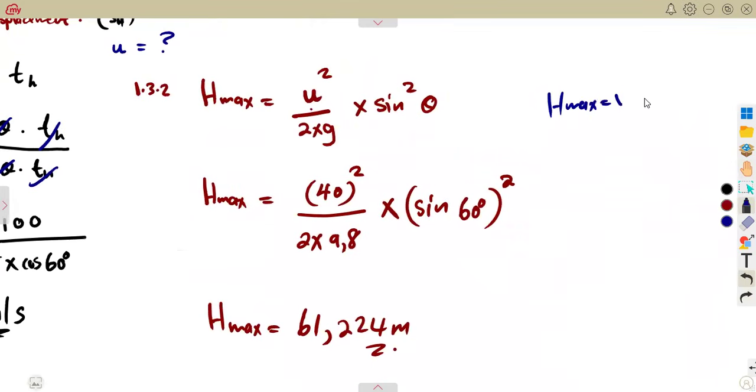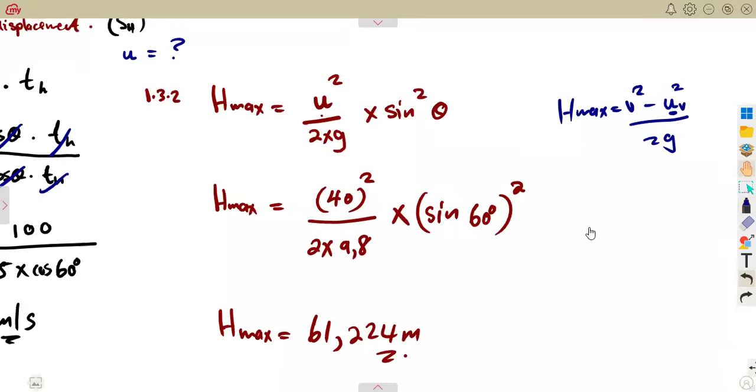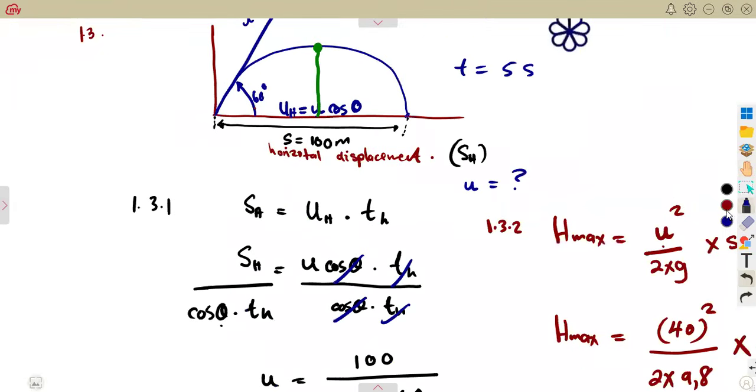I also explained on this one, I want you to go through that to calculate the maximum height from v squared minus uv of the vertical squared over 2g, where you need to calculate the vertical, knowing that our v will be 0 from that concept, and this g will be taken as a negative. And remember, the uv is simply taken from u sine of theta.